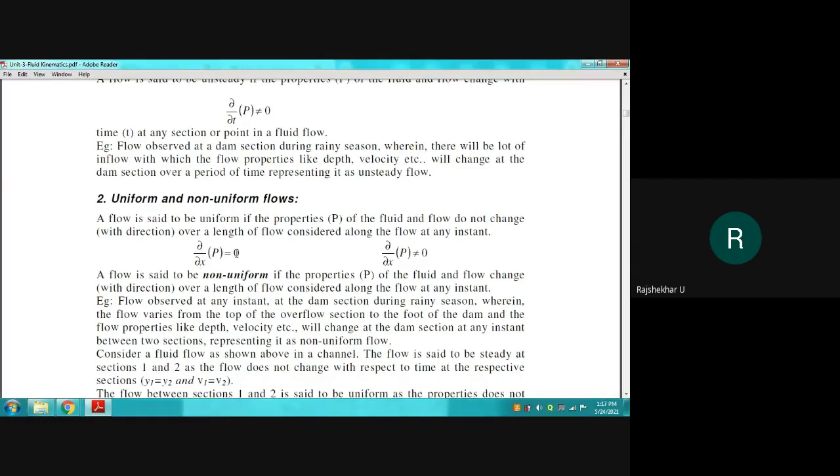If you differentiate a constant, what you will get? 0. Constant means it is not changing. If you differentiate a variable, it will not be equal to 0. Variable means that property is changing. This is how we write it in the form of an equation.